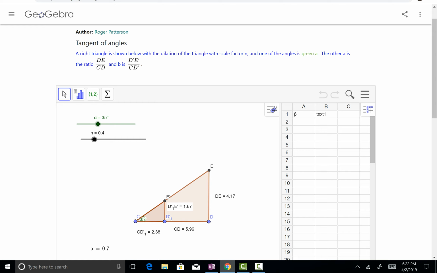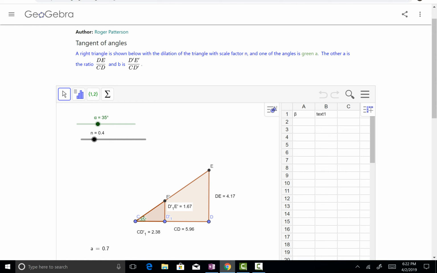And A is the ratio DE over CD, and B is D prime E prime over C D prime. So we're talking about the ratio of D to E versus C to D.